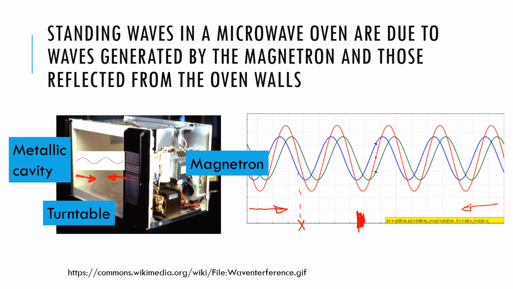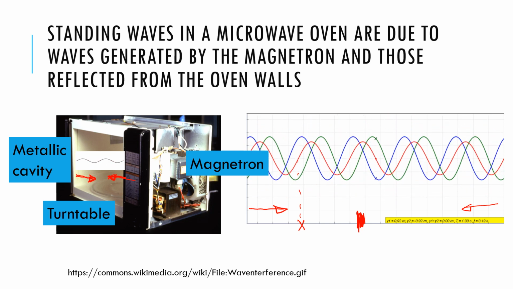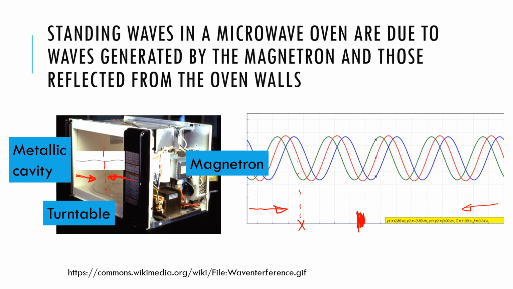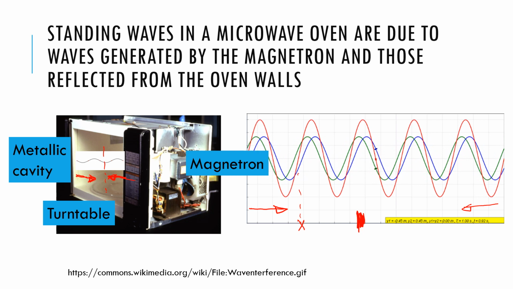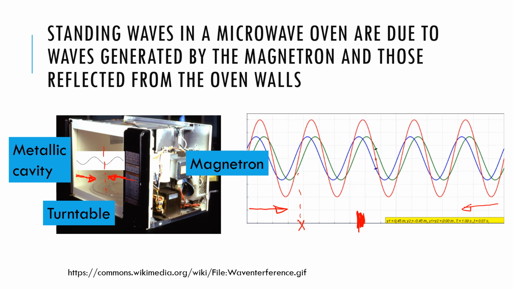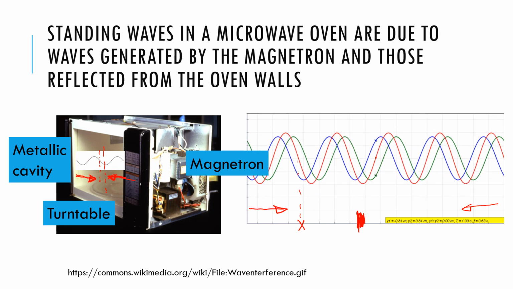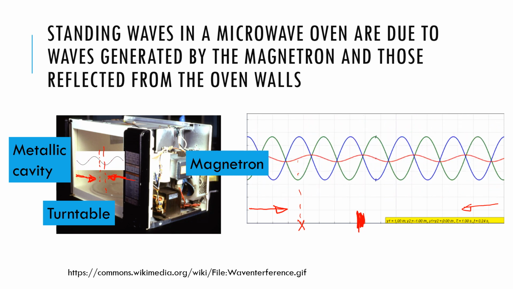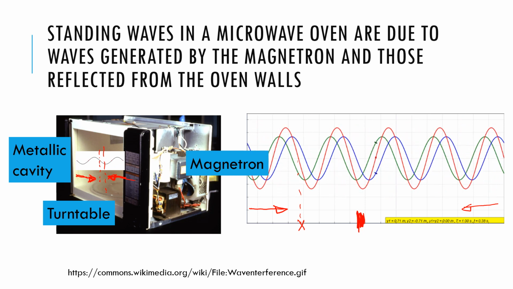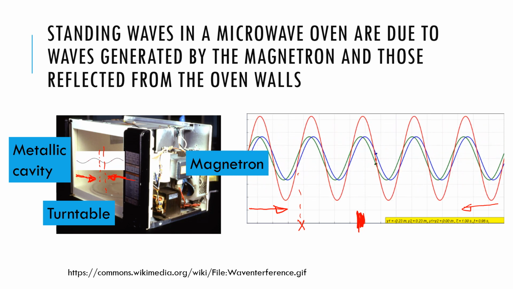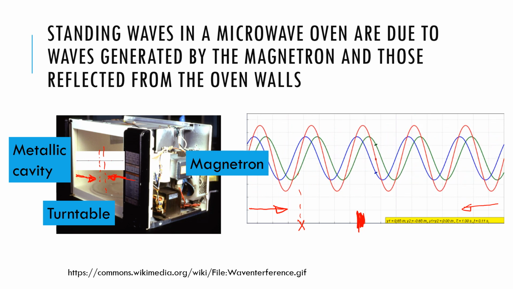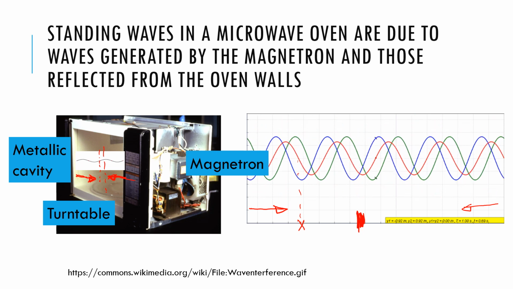So with the standing waves, something placed here is going to get a lot more heating because that's where the peaks are, and something placed here is not going to get much heating at all.